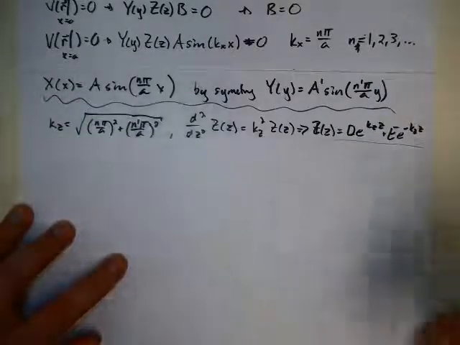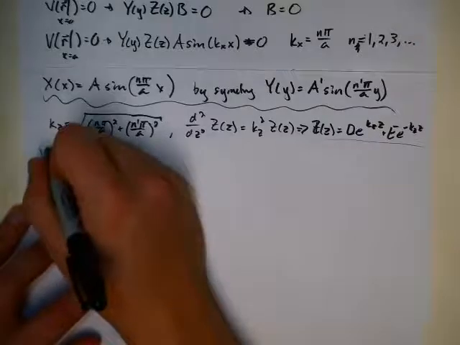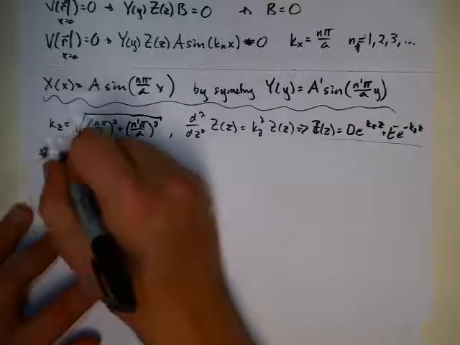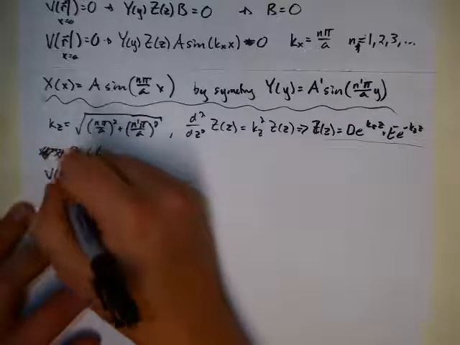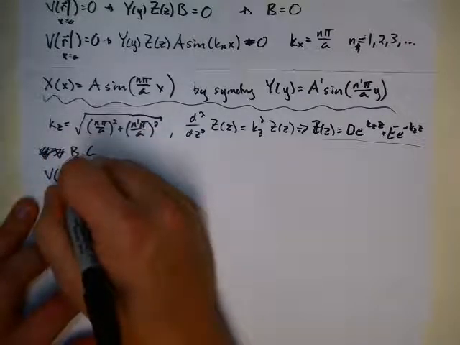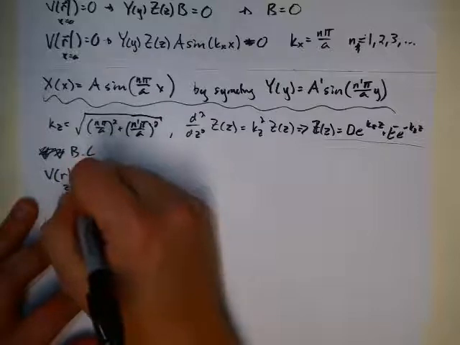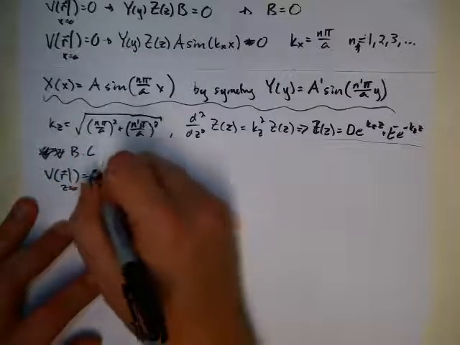Now we're going to look at the first zero boundary condition for z and see what we get. The first zero boundary condition is that v at z equals 0 is 0.